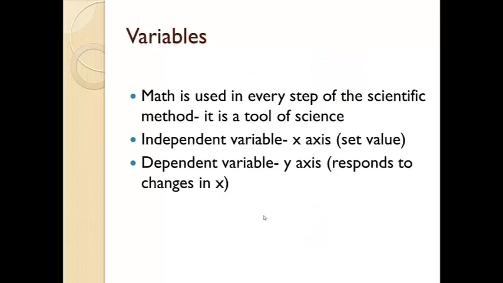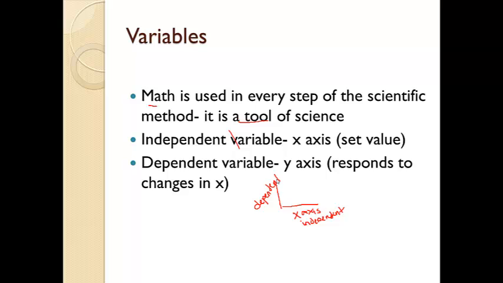Within this process, you'll be using a lot of variables. Keep in mind that math is used in almost every step of the scientific method. It's the tool of science. And along with math comes graphing. You'll have an independent variable, which is on the x-axis, and a dependent variable, which is on the y.